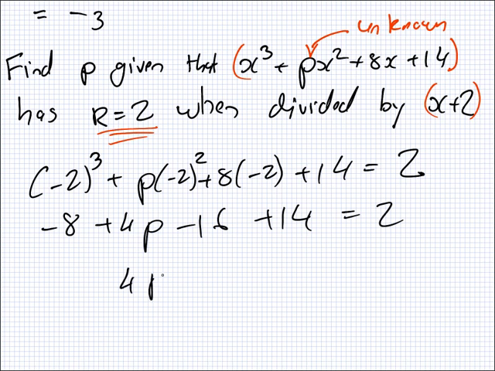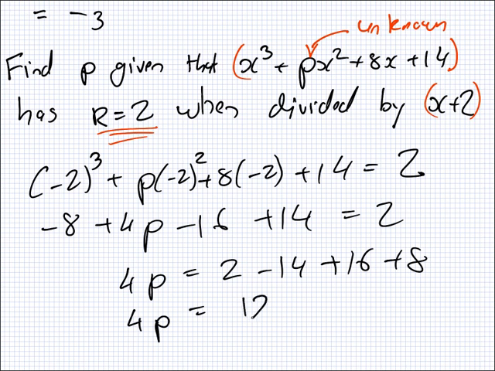So that's 4p equals 2 minus 14 plus 16 plus 8. 12, is it? 4p equals 12? So p equals 3. That's a section A question.